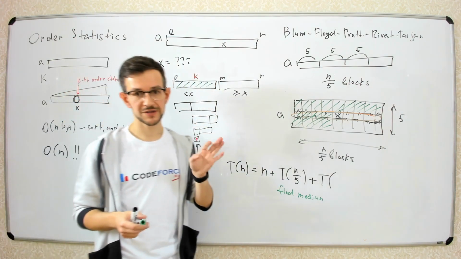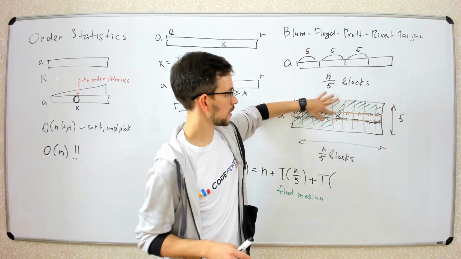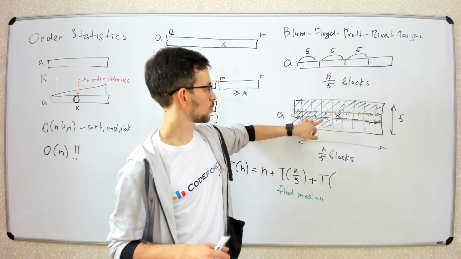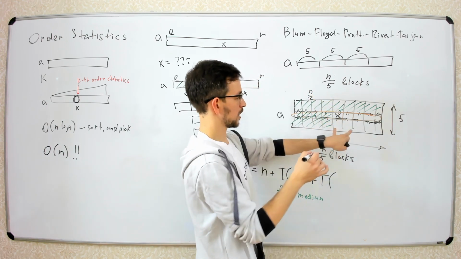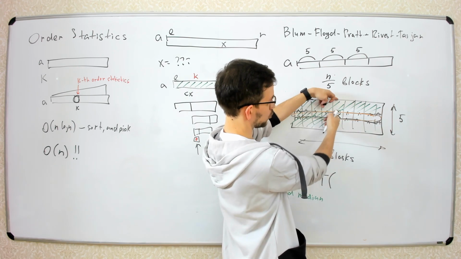What is the total number of these elements? So we pick all elements here, so n over 2 here, and 2 of the 5 in each block here. So we have half of the elements here, and from each block we have 2 of 5 elements.